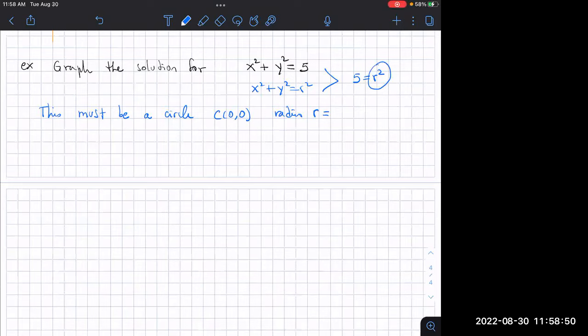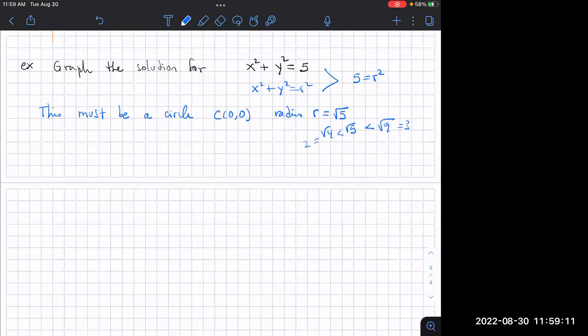So what root did you start with? Square root of 5. Yes. Square root of 5 is between square root of 4 and square root of 9, so it's between 2 and 3. We're just going to eyeball it.